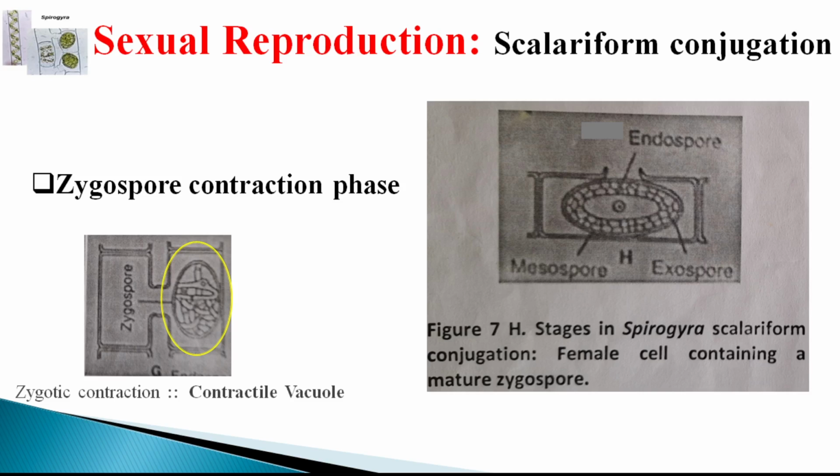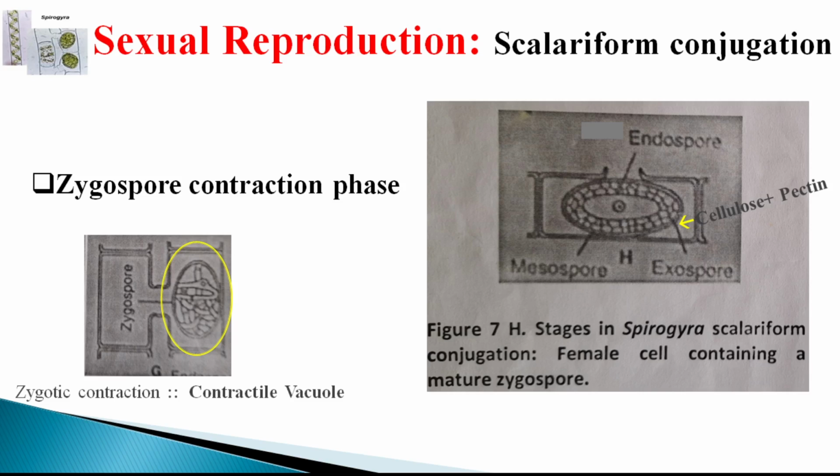The outermost is referred to as the exospore, or exosporium. The middle one is the mesospore, or mesosporium, and the innermost one is called the endospore, or endosporium. Now if you look here, the exosporium, or exospore, is the outermost very thin colorless layer of the zygospore wall.